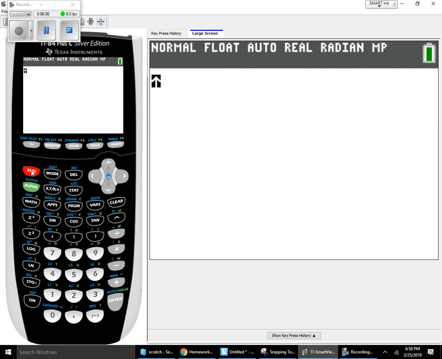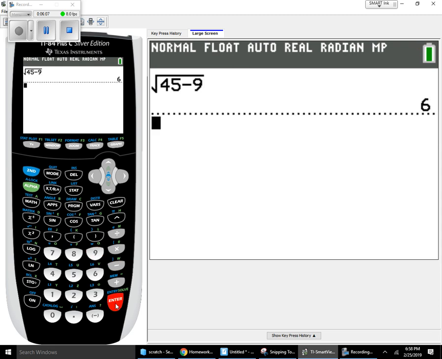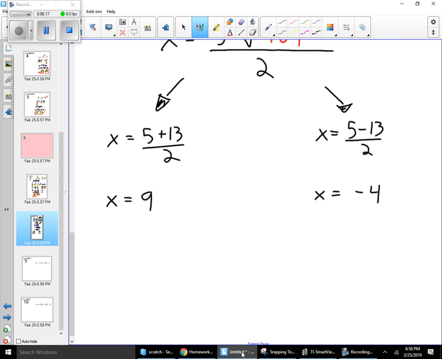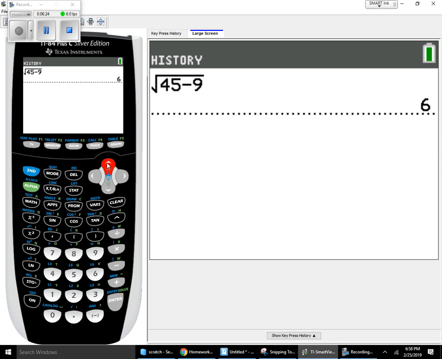So when I go to substitute, here we go, 45 minus 9. Square root of 45 minus 9 is going to give me a 6. Keep in mind that is what we expected. I expected x minus 3. So when x is 9, 9 minus 3 is 6. That is exactly what I wanted. The 9 works out.